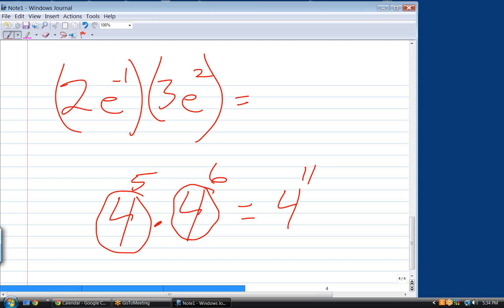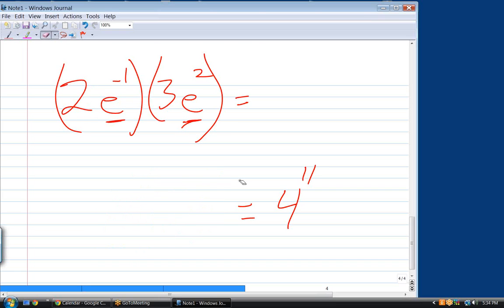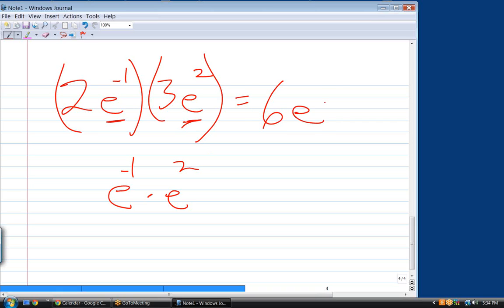Well, up here, here's our same base. Now, we can certainly multiply 2 times 3. So the first step is to multiply 2 times 3, which is 6. But then when I go to multiply e to the minus 1 times e to the 2, what do I get? Just e. There's your answer.